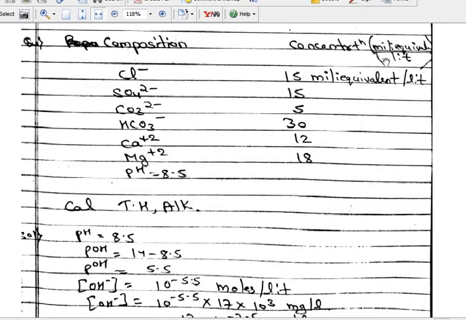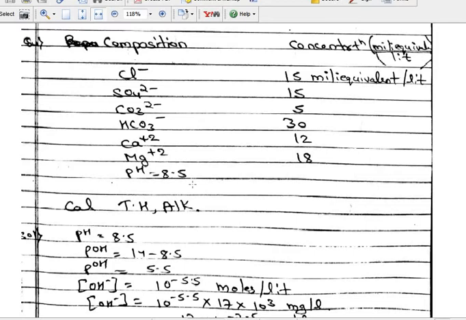That is the only slight difference, otherwise everything will be the same. Chloride is 15, sulfate is 15, carbonate is 5 milliequivalent per liter, bicarbonate is 30, calcium is 12, and magnesium is 18 milliequivalent per liter.